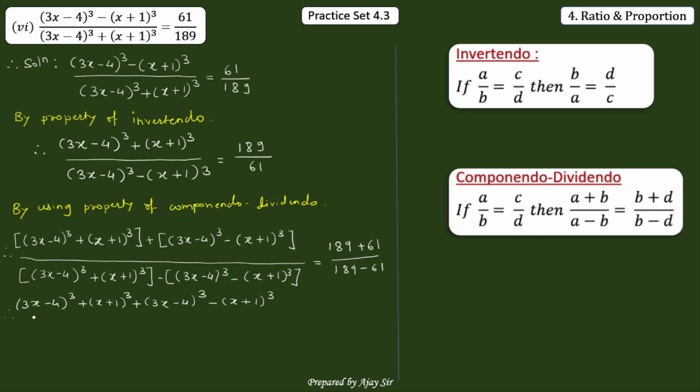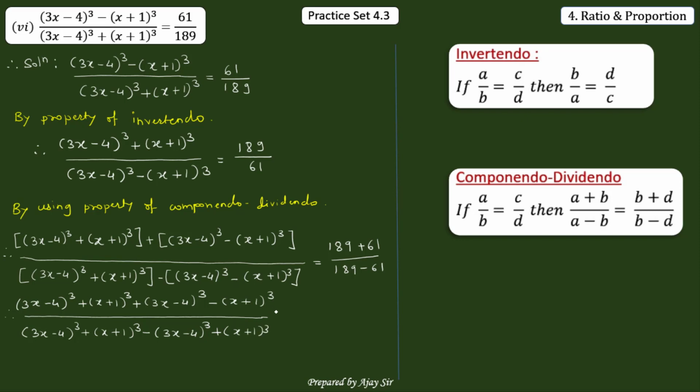These signs remain as they are. In the denominator, it is (3x minus 4) bracket cube plus (x plus 1) bracket cube. Here the minus sign is outside, so the inside signs will change: minus plus becomes minus, so (3x minus 4) bracket cube, and minus into minus becomes plus, so (x plus 1) bracket cube.